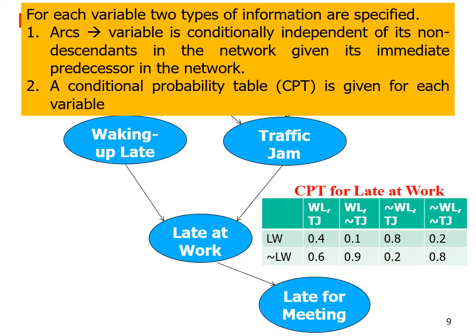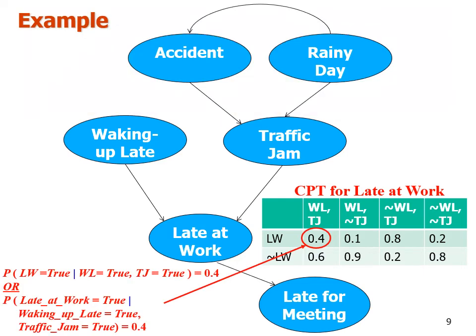Probability of LW given WL is false and TJ is true is 0.8, and probability of LW given WL is false and TJ is also false is 0.2. This means that the probability of late at work, provided you woke up late and also the traffic jam was there, is 0.4. And similarly, we can interpret other conditional probabilities.